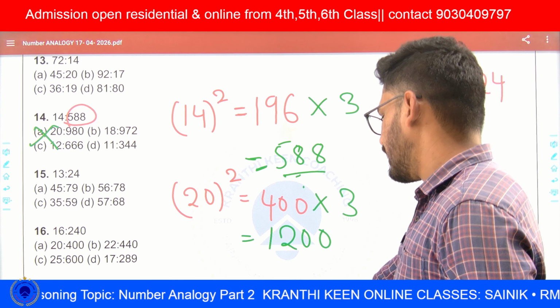And again 7. 7 square is how much? 7 square is 49. No need to subtract, because we have to find the relationship, right? So what's the answer? Again, 7 square is 49. So firstly we have to take this number 7.